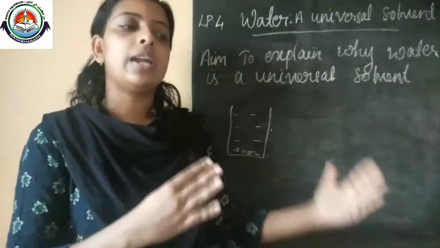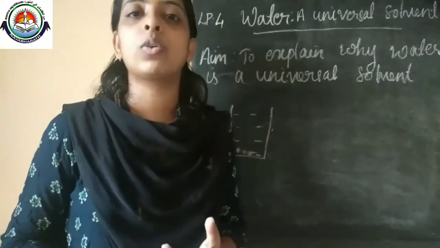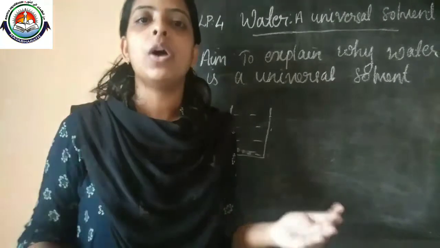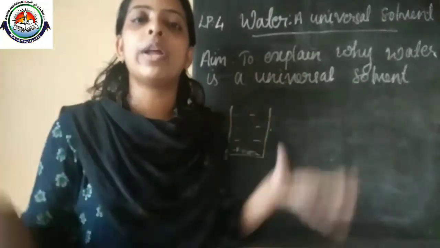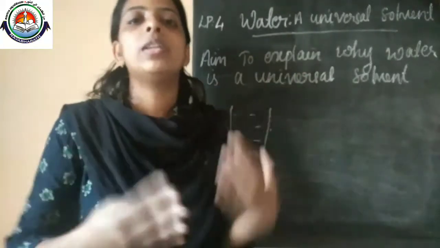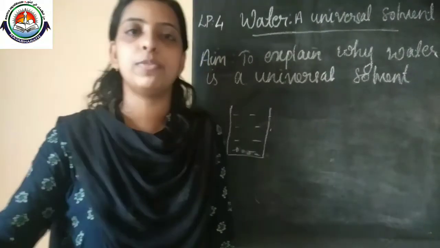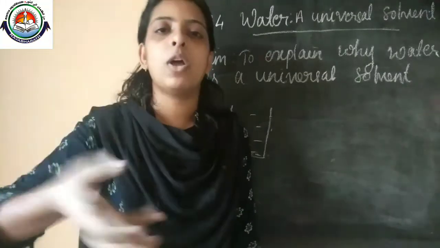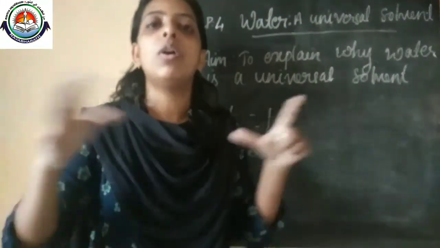That's why at home, at the time of cleaning our clothes, normally we use some kinds of detergent powder. And to that detergent powder we add more and more water. If we wash the clothes in a washing machine, at that time we add a very small amount of detergent powder, but we add more and more water into it.